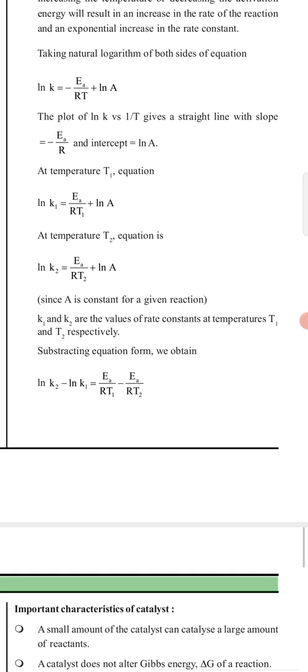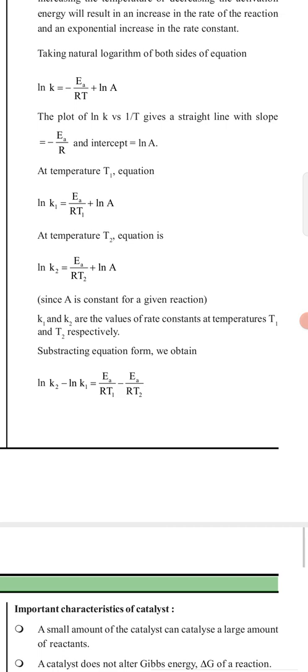If we get two rate constants at two temperatures, T1 and T2, then we get ln K2 minus ln K1 equals EA by R times (1 by T1 minus 1 by T2).